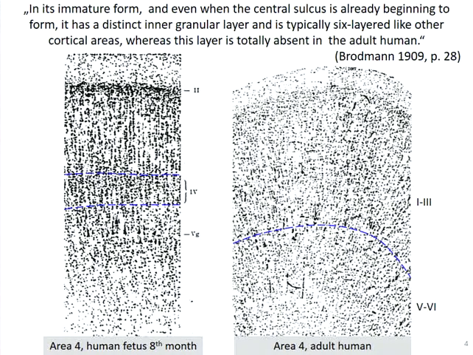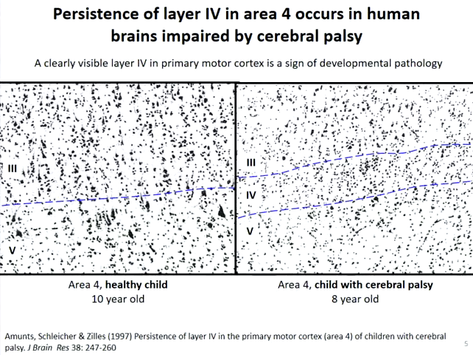Now, we were able to show that a normal development is indeed associated with a dispersion of layer 4, and the left side of the image shows a cell body stain section through the brain of a 10-year-old child in normal development.